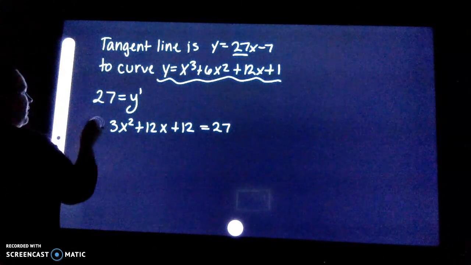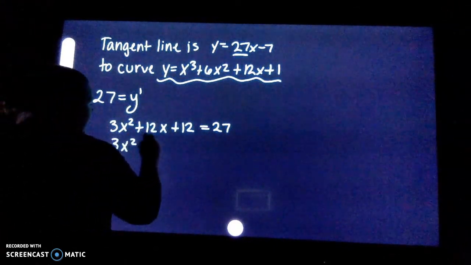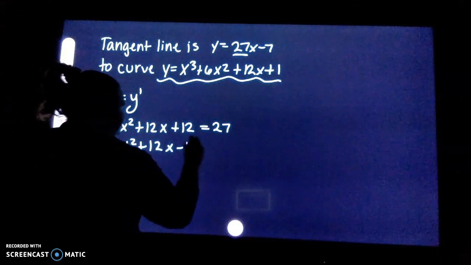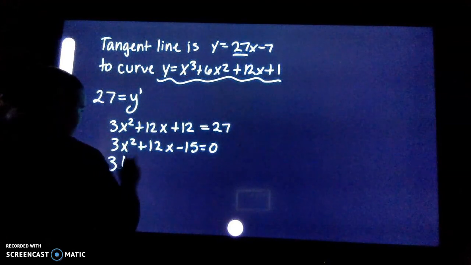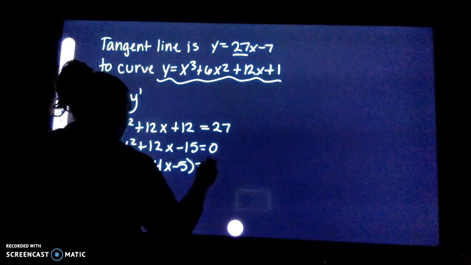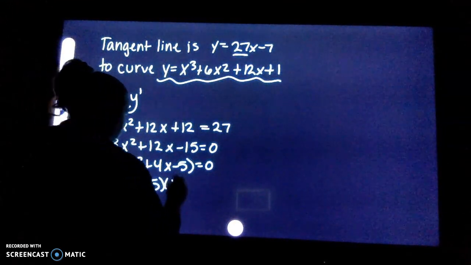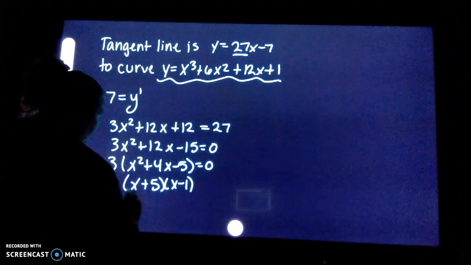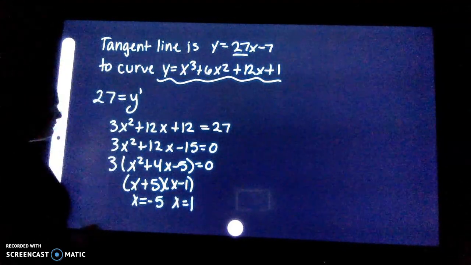I'm going to need to solve. I'm going to subtract the 27 over and factor out a 3. I recognize that this factors into x plus 5 times x minus 1, which gives me x equals negative 5 and x equals a positive 1.